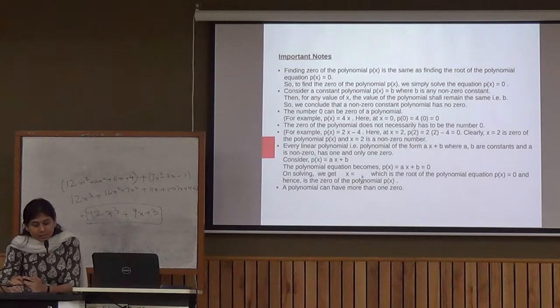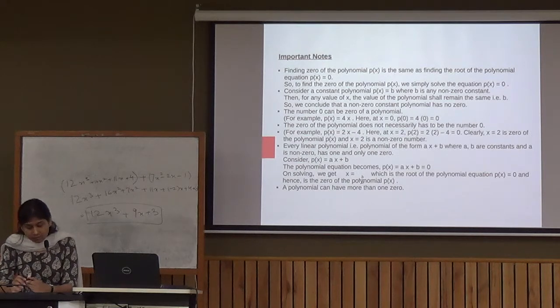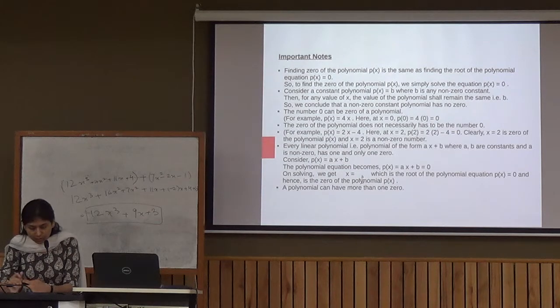Now, the number 0 can be a zero of the polynomial. Consider, for example, a polynomial, say 4x or 5x or any such term. Then equating it to 0, we get the value of the polynomial as 0. Therefore, we say that 0 is the zero of the polynomial. Now, again, it is not necessary that 0 is the only number which can be the zero of the polynomial.